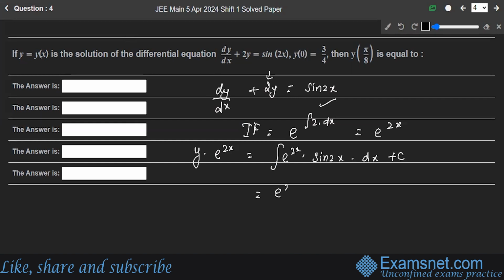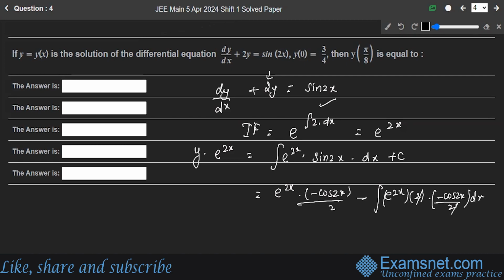This gives me e^(2x) into first function into integral of second, so this gives me minus this upon 2, minus integral of derivative of first, which gives me this, into 2, integral of second, which is minus cos x upon 2 dx.